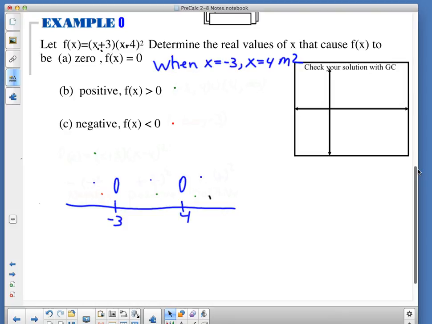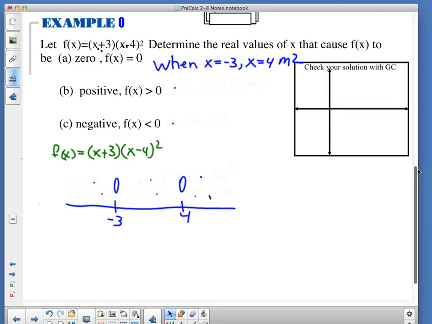Now it's my job to look at this, considering the fact that I've got factors. I've got this function right here that I'm going to consider the factors of and what their signs are to the left of negative 3. So if I pick a number to the left of negative 3, I don't care what it is. This can't be negative 3. So negative 10. I put negative 10 in as x for x plus 3.